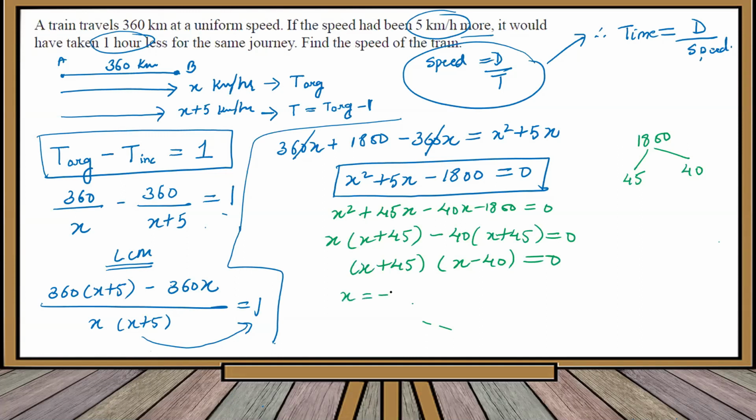Hence x is equal to minus 45, or x is equal to 40. Obviously, what is x? X is speed of the train. X cannot be negative. Hence, we will discard this value. So that's why the original speed of the train is 40 kilometers per hour.